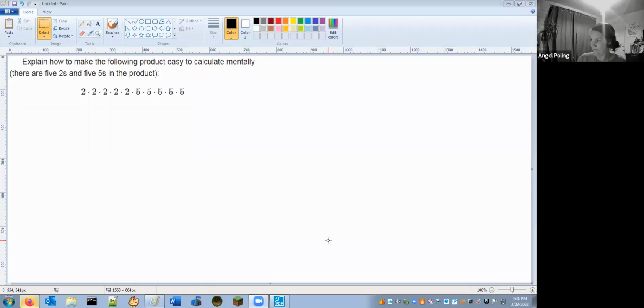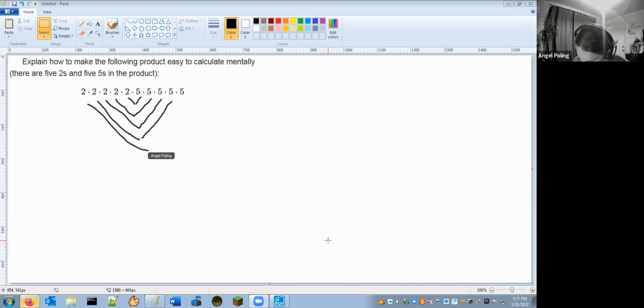Explain how to make the following product easy to calculate mentally. There are 5 2s and 5 5s in the product. So I probably would pair each one together.